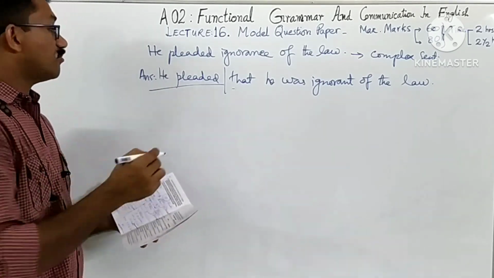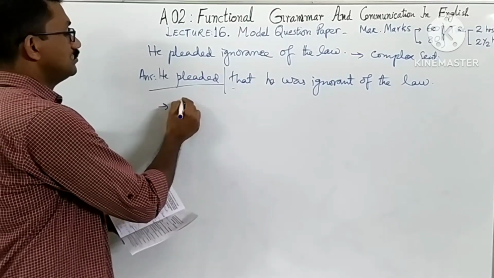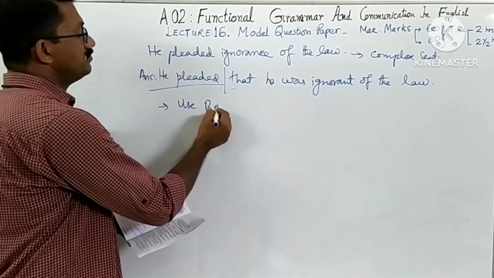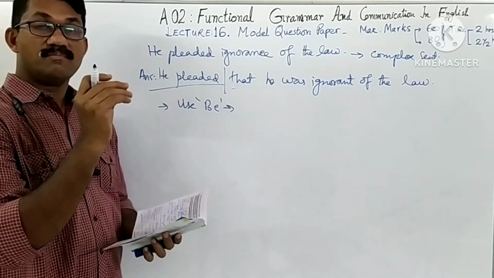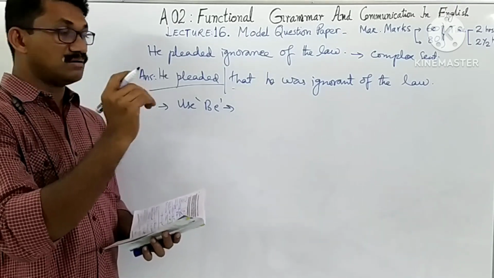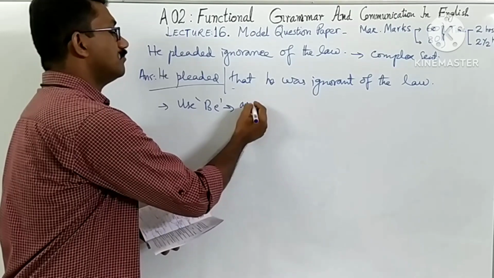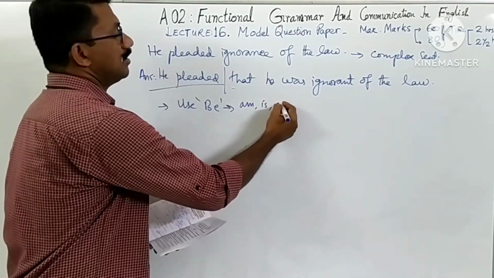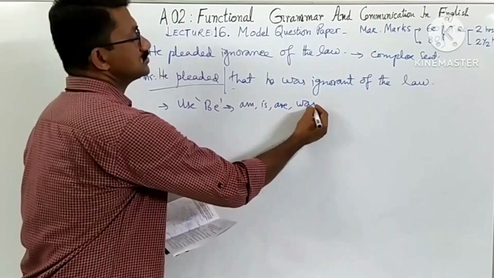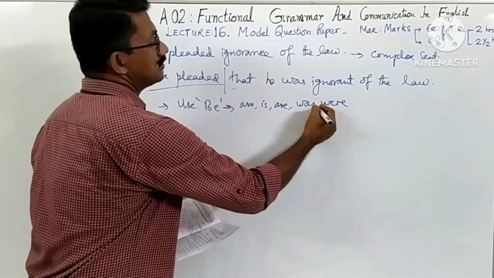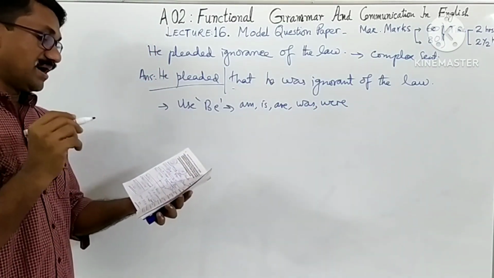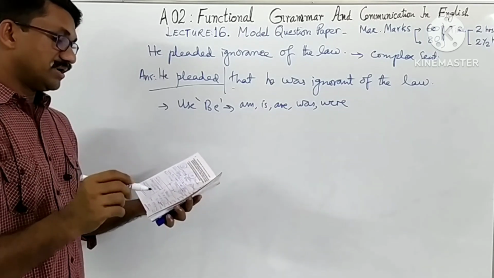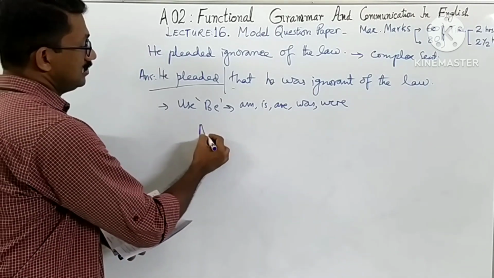Next question. Use the appropriate form of be. The forms of be are is, are, was, were. The question is, neither of them dash ready to undertake the journey.